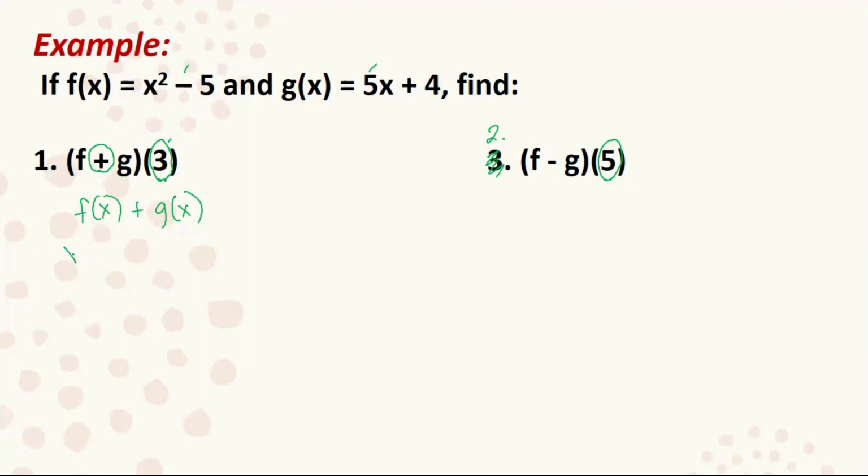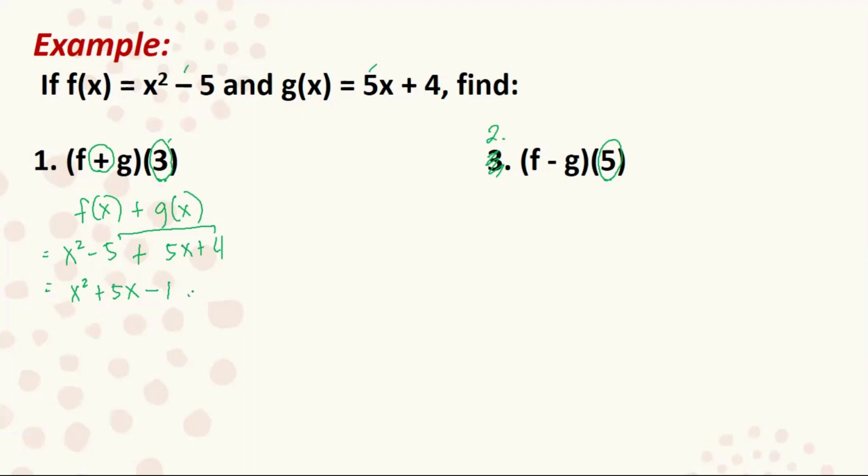So f of x is x squared minus 5 plus g of x is 5x plus 4. Combine like terms. Copy x squared. Wala namang ibang terms na pwede i-combine dyan. Also, copy 5x. And negative 5 can be combined with positive 4, and that is negative 1.